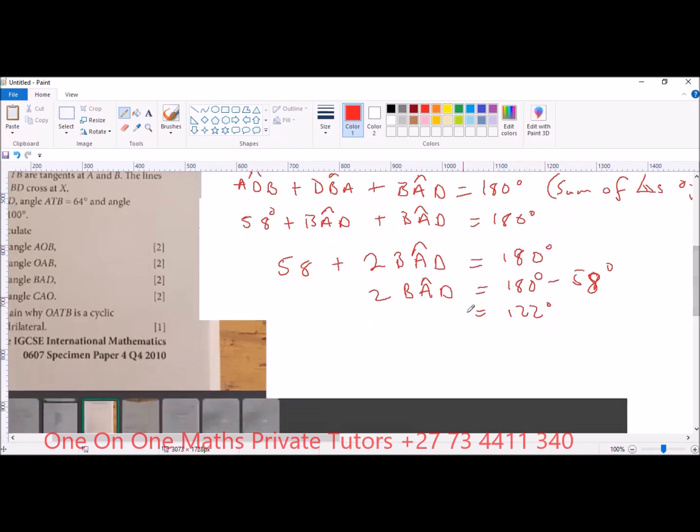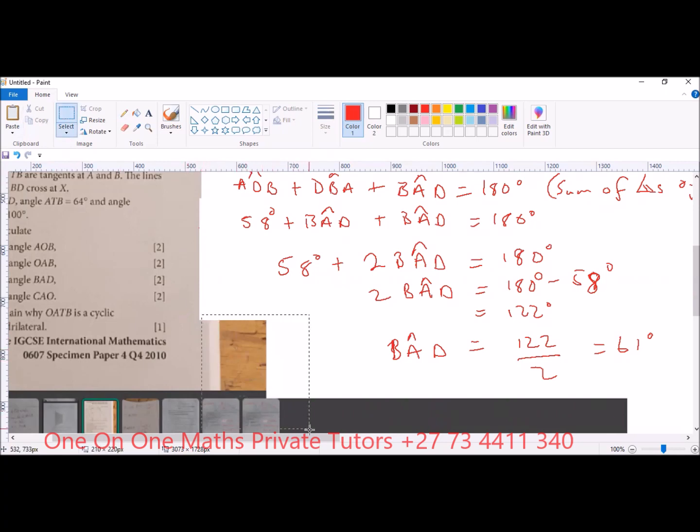Usually in quick calculation you forget to put degrees, but once you're done with your question, go back and put the degrees. Now 2 BAD, we divide both sides by 2. So we have BAD is equal to 122 divided by 2, which will give us 61 degrees. So we find BAD is equal to 61 degrees.